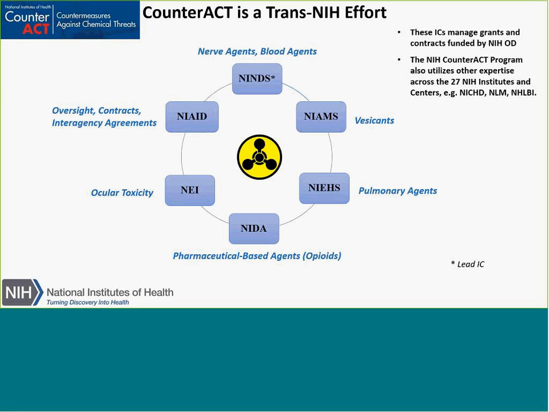Each IC has a program officer assigned who can help you with specific questions, and we rely on other ICs from time to time for advice, such as the Institute of Child Health and Human Development, National Library of Medicine, and Heart, Lung, and Blood Institute.